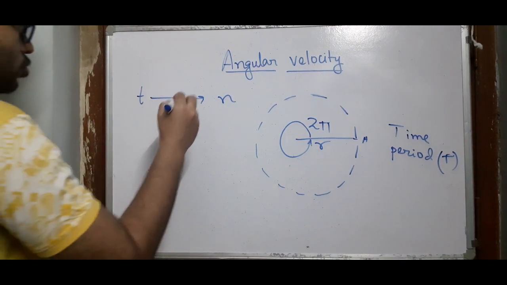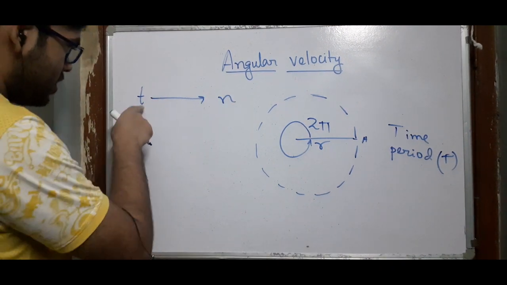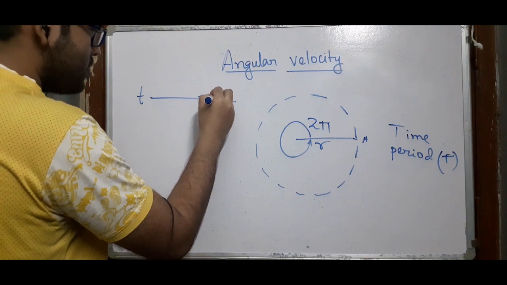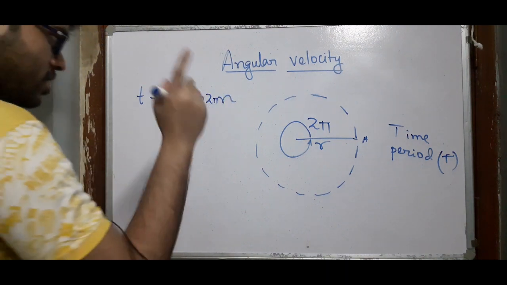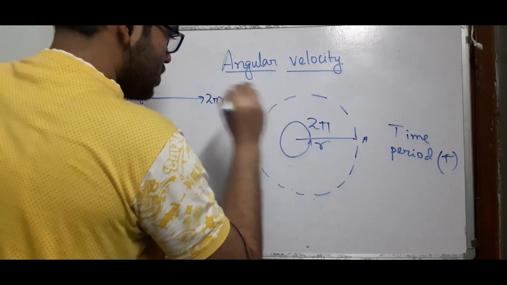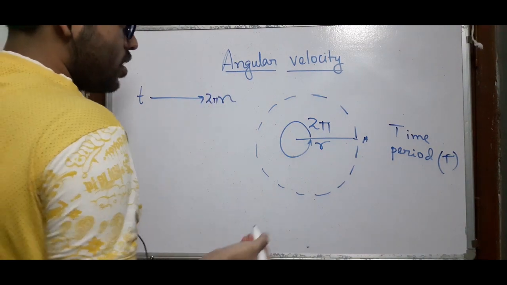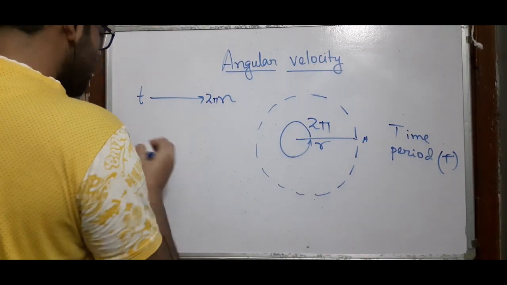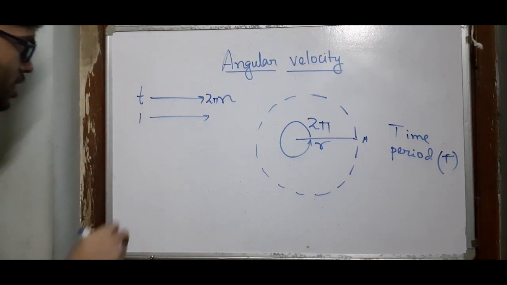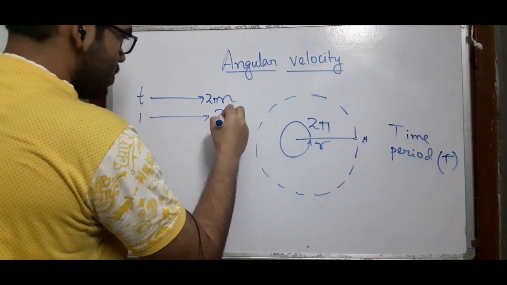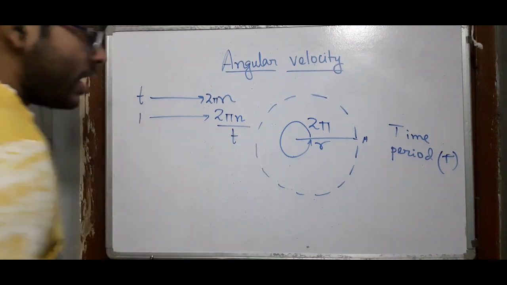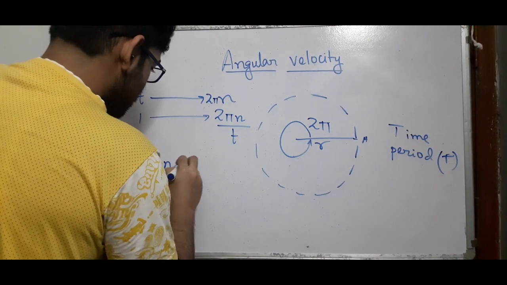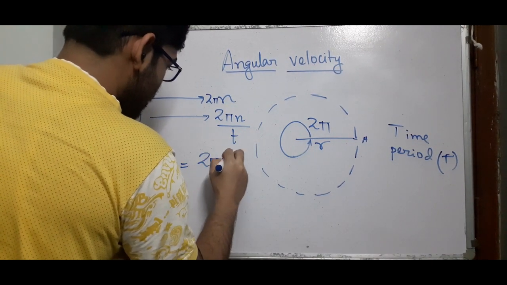Then the total angular displacement done in time t is just multiplied by 2 pi, because if a single rotation is equal to 2 pi angular displacement, then n times that is 2 pi n, so omega is 2 pi n over t, and that is our definition of frequency.